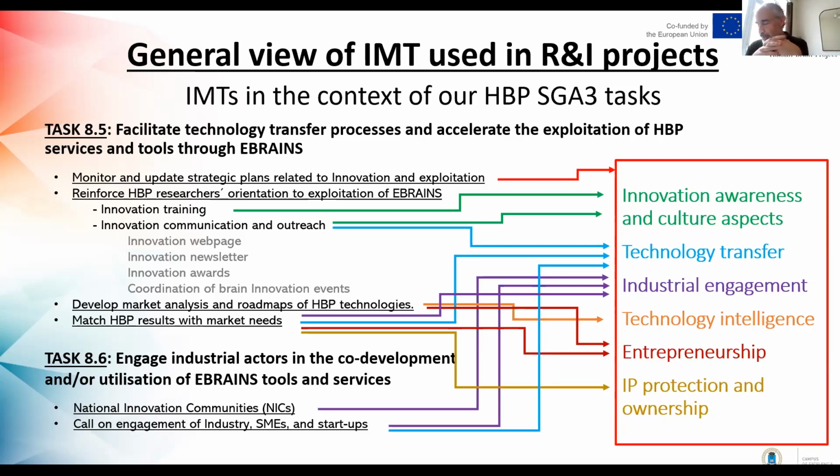In the innovation team, we have task 8.5. We belong to work package 8, as you know. Task 8.5 is to facilitate the technology transfer processes and to contribute to accelerating the exploitation of HBP results, HBP services and tools through EBRAINS.